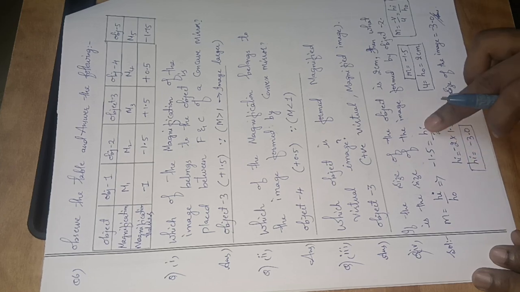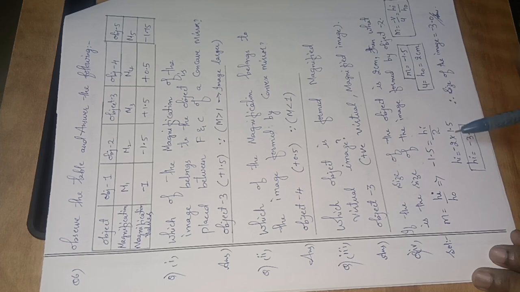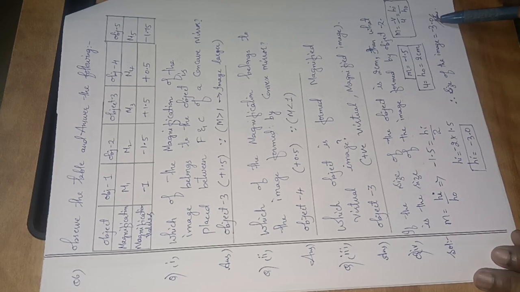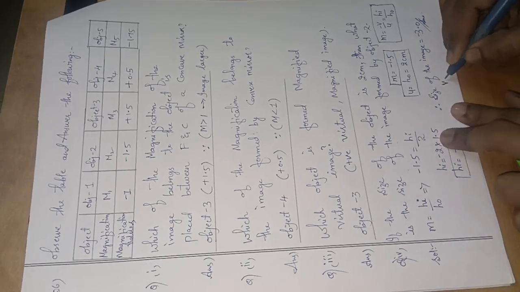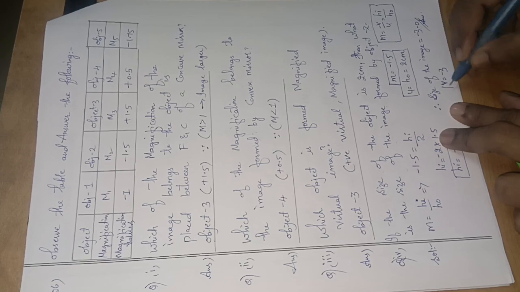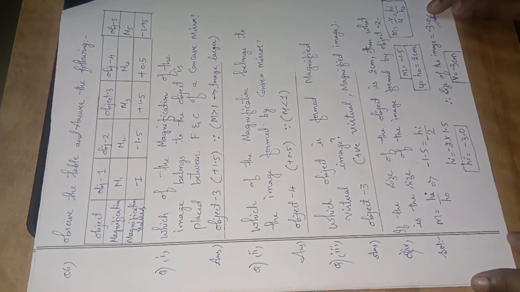Now keep the height of the image there, shift this 2 to this side, it will become 2 into 1.5 and the minus value will be the same. Hi is equal to 2 into 1.5 is 3, minus 3.0. The size of the image is minus 3, v is equal to minus 3 centimeters. In this way you have to solve the answers.